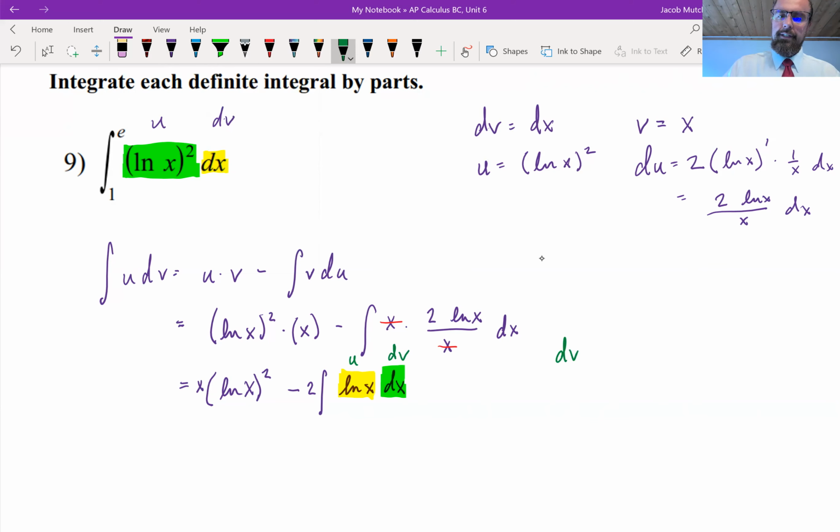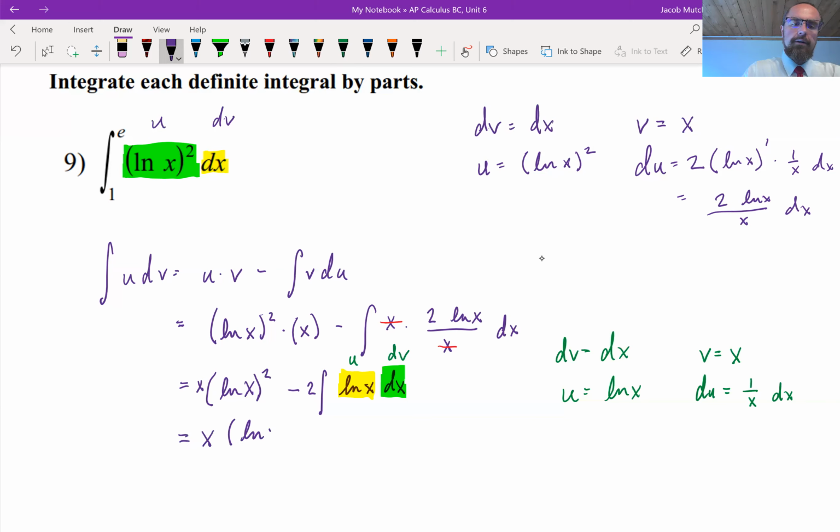We'll start with dv. And I won't make the same mistake twice. When I integrate that, that's going to be just x. Our u is natural log of x. If I integrate, or I'm sorry, differentiate to get du, that's going to be 1 over x dx. And we'll run integration by parts a second time. So this is going to be x times natural log of x squared minus 2.